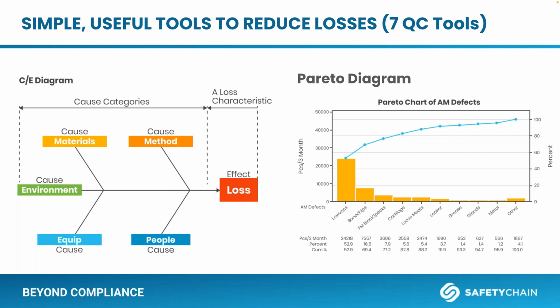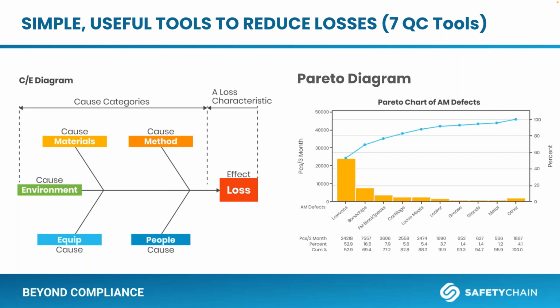Or the third name is Ishikawa diagram after Dr. Ishikawa, who was quote unquote the inventor of this tool. Very useful when we're looking at a loss, say unplanned downtime, operating speed, quality, reworks, what are all the potential causes that could be contributing to that? Then we can go investigate. A great tool for involving frontline people and getting a lot of people engaged in working with us.